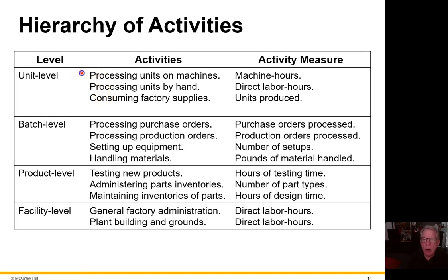If processing is done on machines, like machining would be an example of that, then we can easily use machine hours to allocate overhead. Now, if we do a lot of assembly work by hand, then maybe direct labor hours is a good choice for that activity measure. But if we use a lot of factory supplies, then we maybe look at how many units that we produce to allocate how many supplies are used.